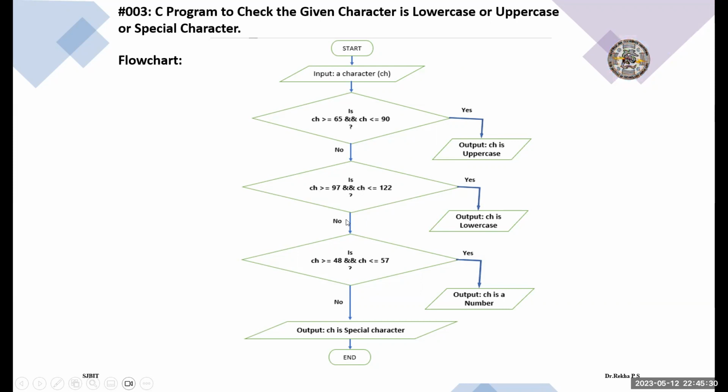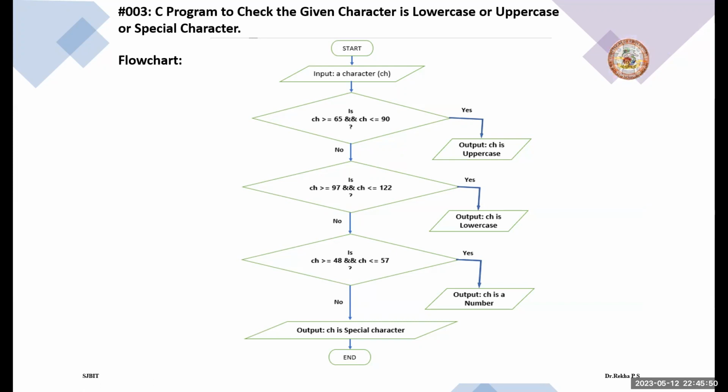Otherwise, it will go to the next condition, that is, greater than or equal to 48. If that condition fails, it will check whether it is greater than or equal to 48 and less than or equal to 57.